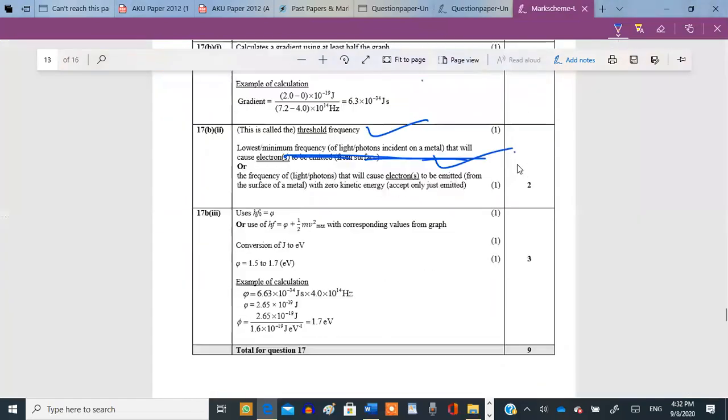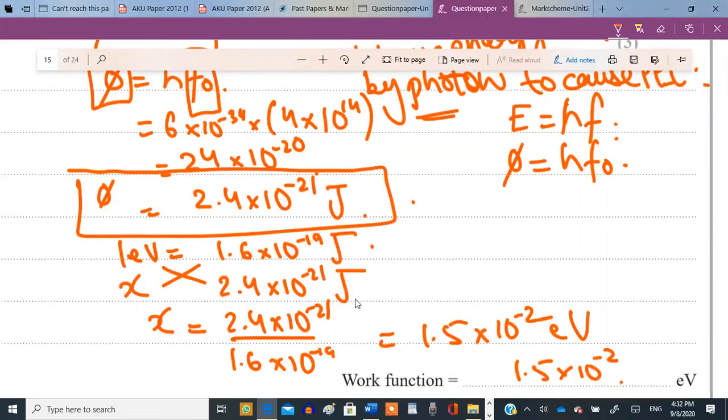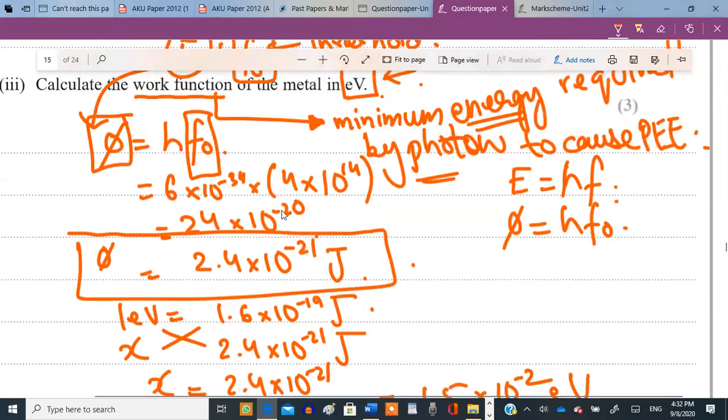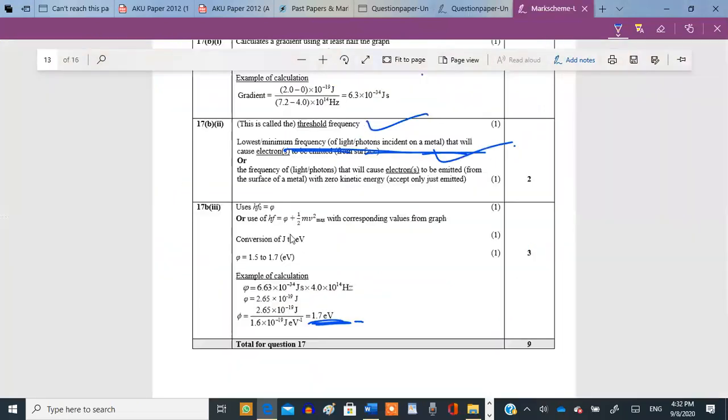What does the marking scheme say? They've given us a different answer where there's some sort of calculation error. h f naught equals phi, and the f naught value which they used was, why is it?